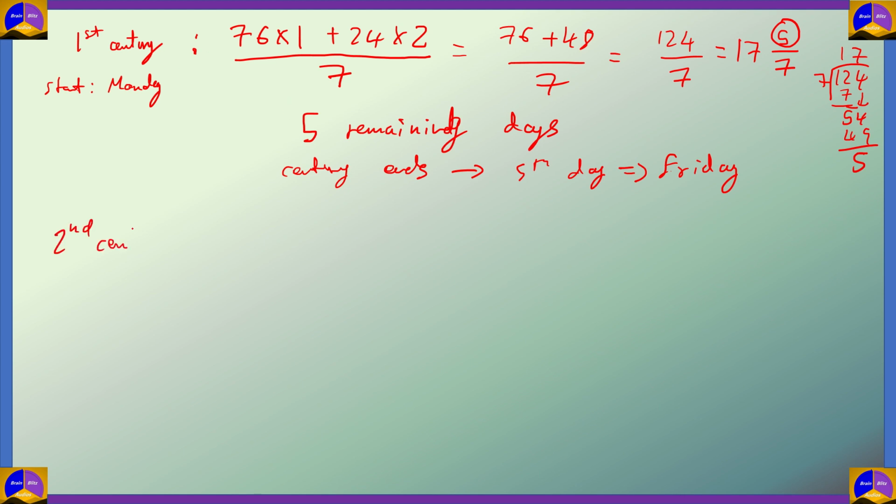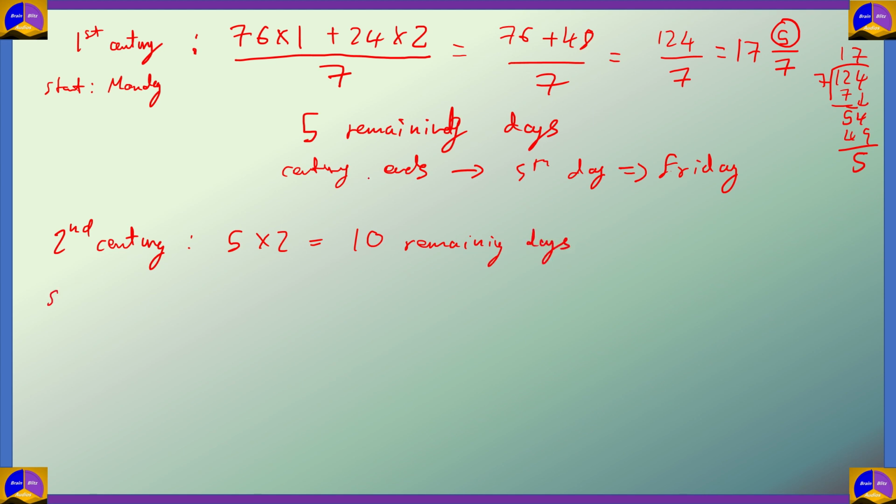Now for the second century, we would have an additional 5 days added to the list already. So therefore you have 10 remaining days.